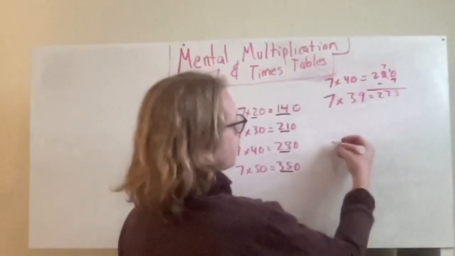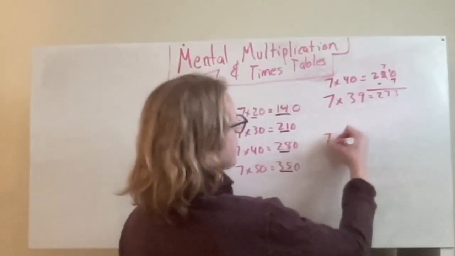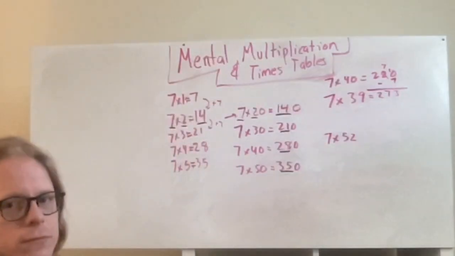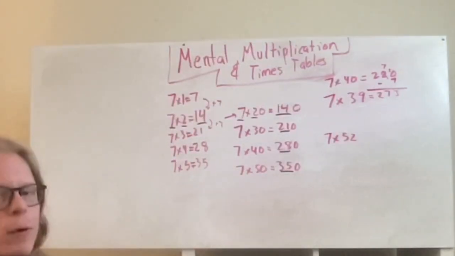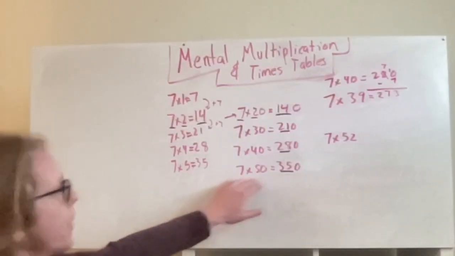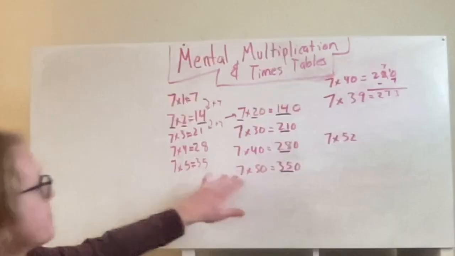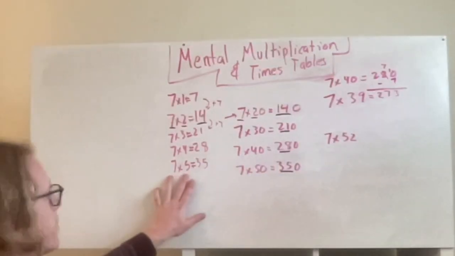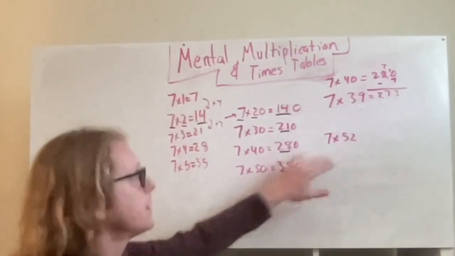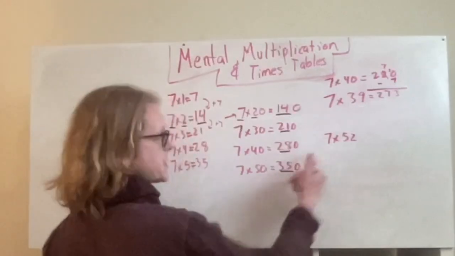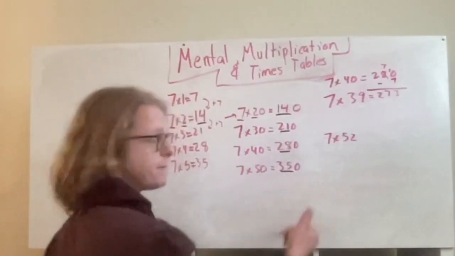Let's try one more. What about 7 times 52? Okay, what would be my landmark multiple that I could jump to in my head, right, if I knew my times tables? Well, this is kind of close to 7 times 50. I know that 7 times 5 is 35, so 7 times 50 is 350. Okay, what's the difference between 7 times 50 and 7 times 52?